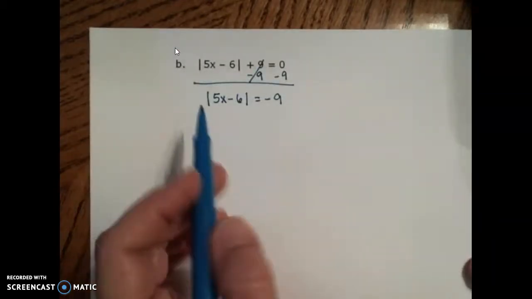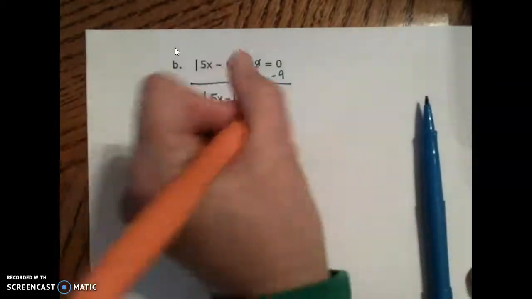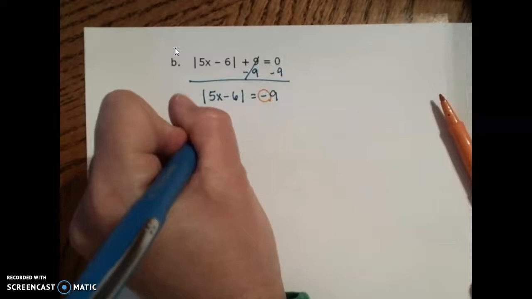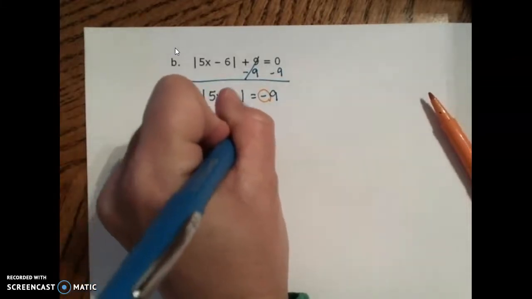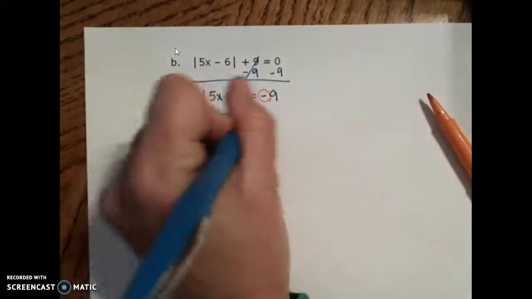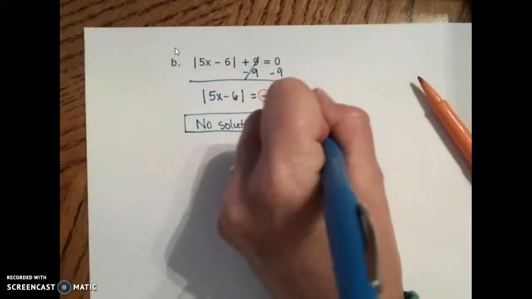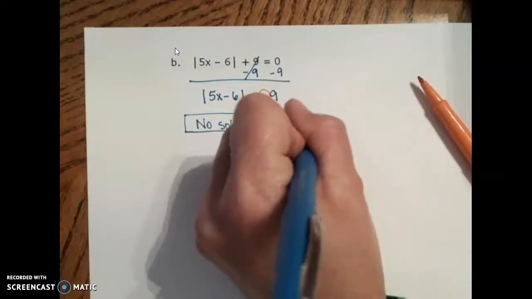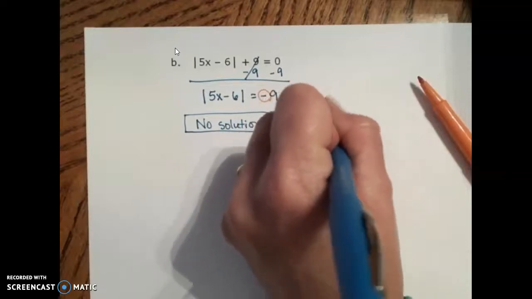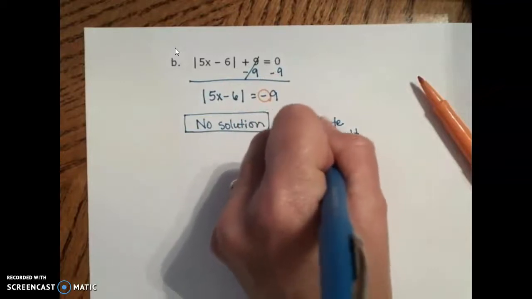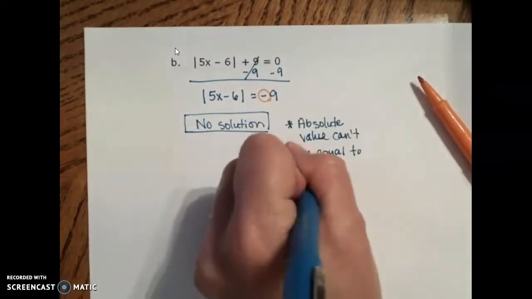But if you remember, the absolute value cannot equal a negative. So your answer is no solution. And I'll just put right here, no, absolute value can't be equal to a negative.